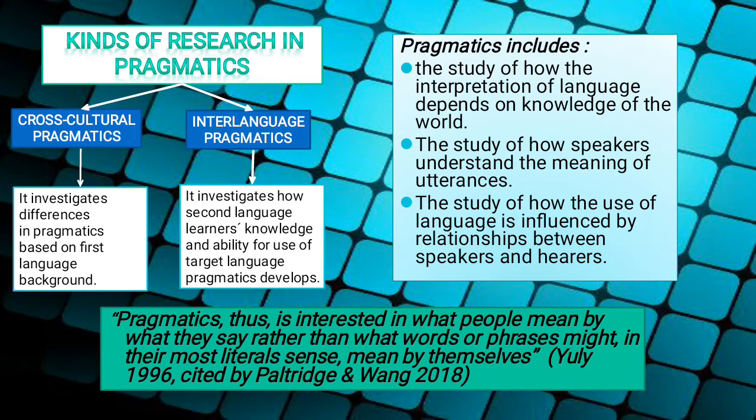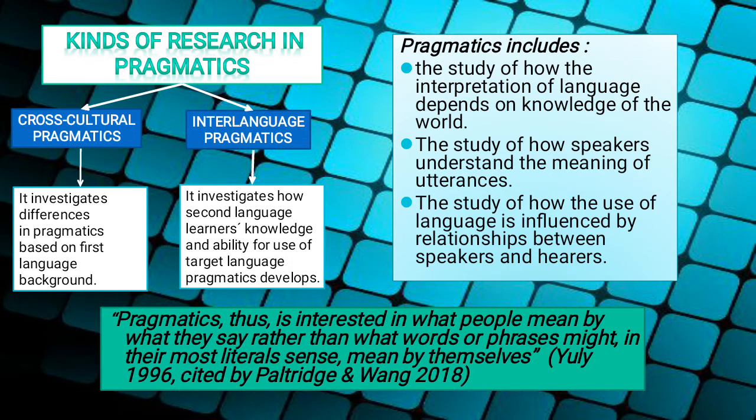Now, there are 2 kinds of research in pragmatics. We have the cross-cultural pragmatics, and we also have the interlanguage pragmatics. Cross-cultural pragmatics investigates differences in pragmatics based on first language background. Meanwhile, interlanguage pragmatics investigates how second language learners' knowledge and ability for use of target language pragmatics develops.